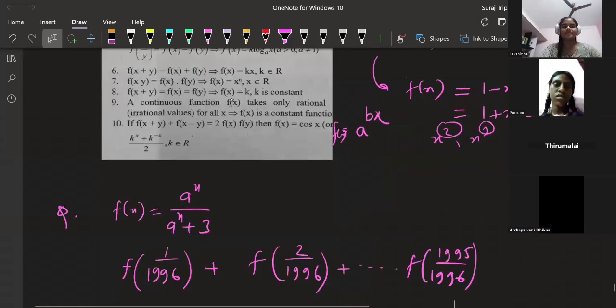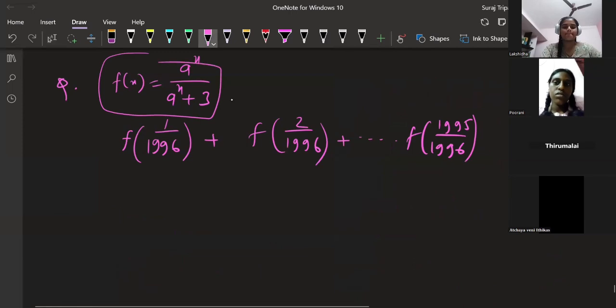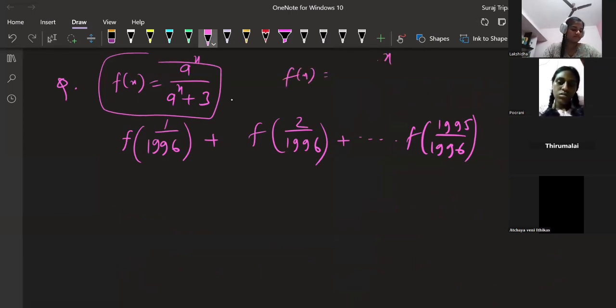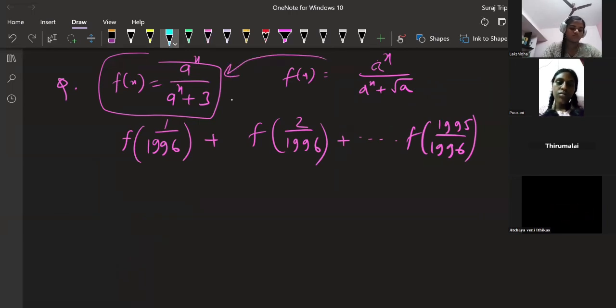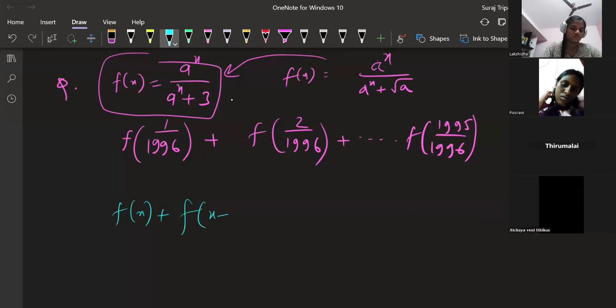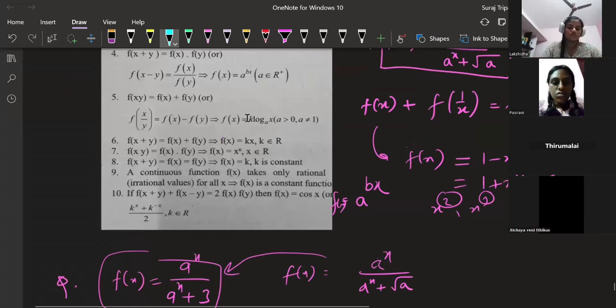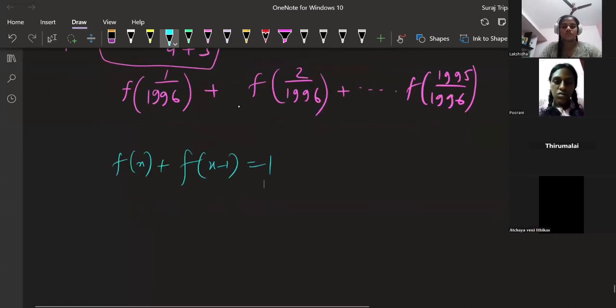That means if this function is given as f of x equals a raised to x divided by a raised to x plus root of a, the same thing is given here. Now, if this one is given, that means f of x plus f of 1 minus x should be equal to 1, right?